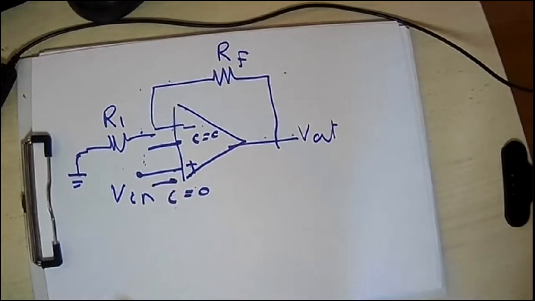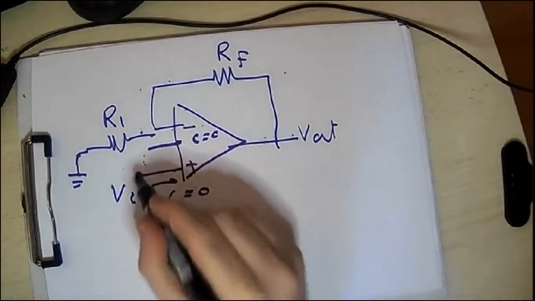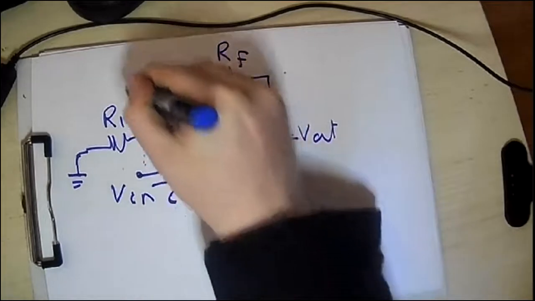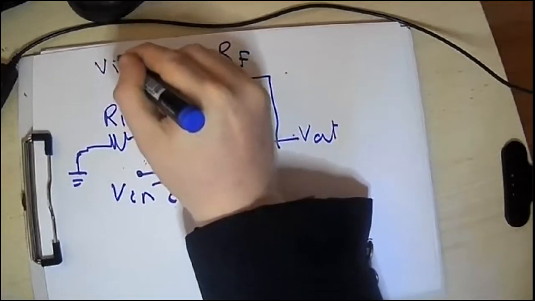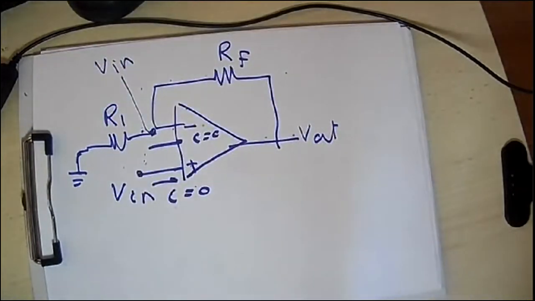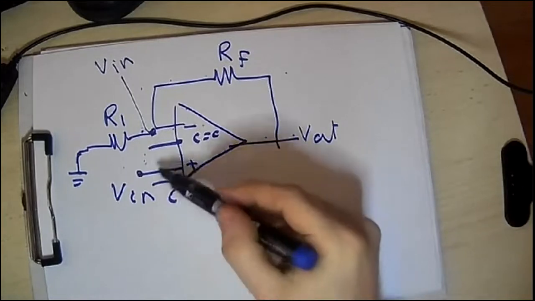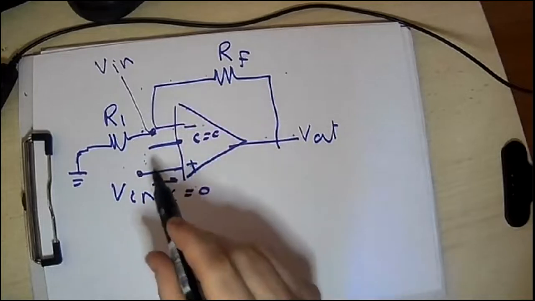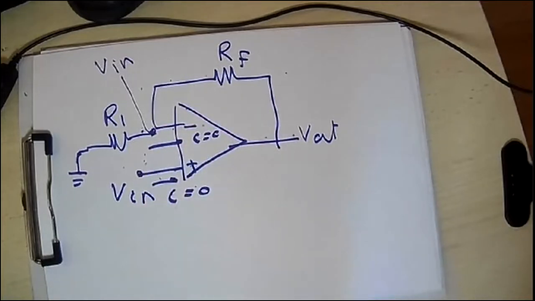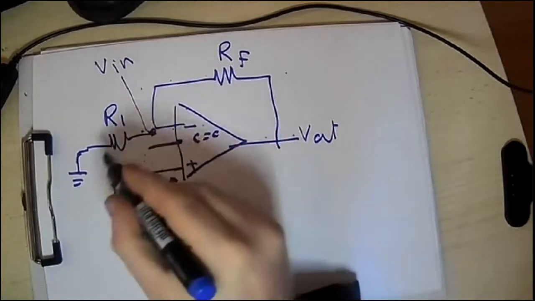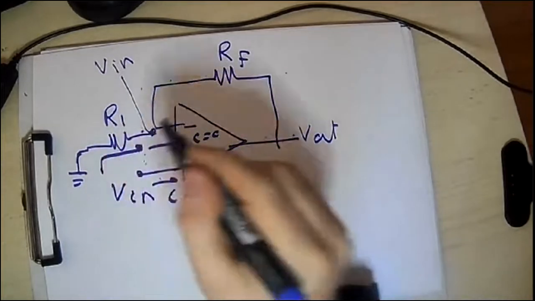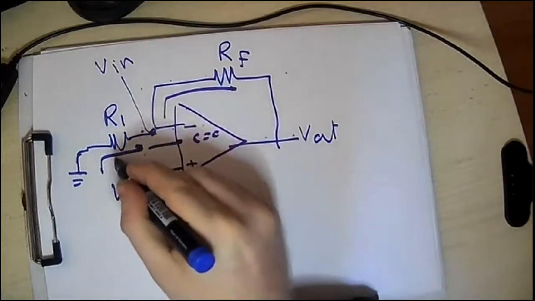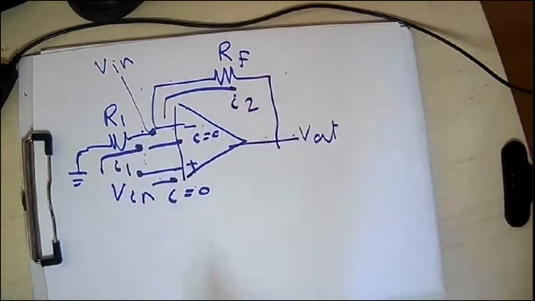So this voltage equals Vin, which automatically means that this voltage equals Vin again, because those 2 voltages here should be equal. And knowing that no current is flowing inside the operational amplifier, that means that the current here and the current here are equal. Let's call them I1 and I2.